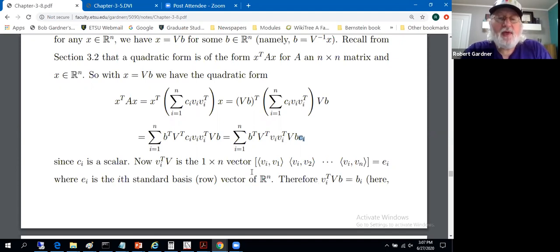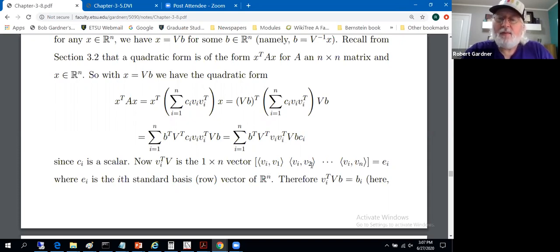So we end up with a row vector consisting of inner products. Well, remember, we're dealing with a symmetric matrix. So these inner products are going to involve orthonormal eigenvectors. So you're going to get a bunch of zeros. The only time you're not going to get 0 out of these inner products is when I equals the index of the second one.